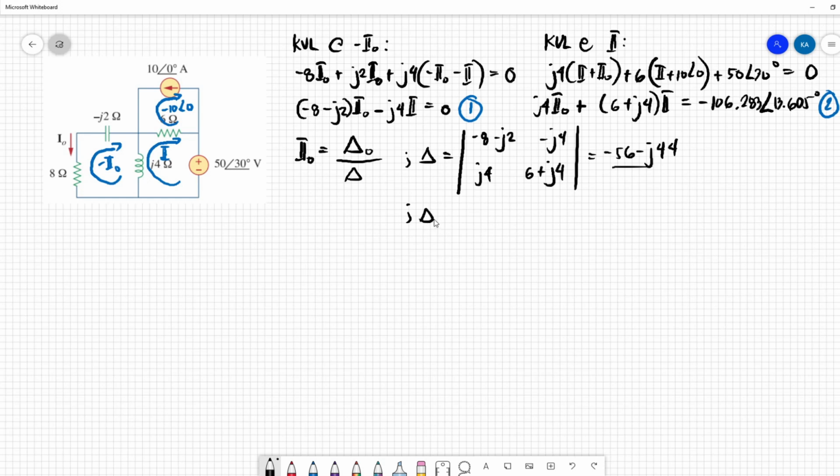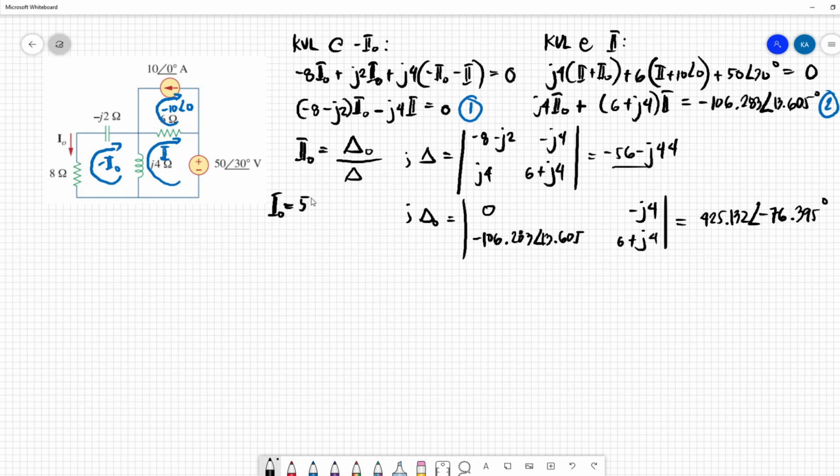Now for our delta O, delta O is equivalent to 425.132 angle of negative 76.395 degrees. So finally, our IO is equivalent to 5.969 angle of 65.45 degrees amperes.